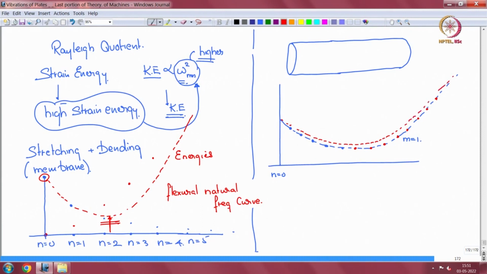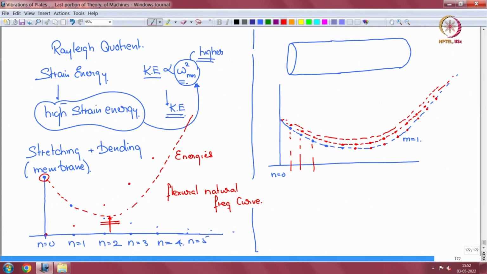This is n1, n2, etc. Then m equal to 3 is slightly above but again close. And m equal to 4 is close.